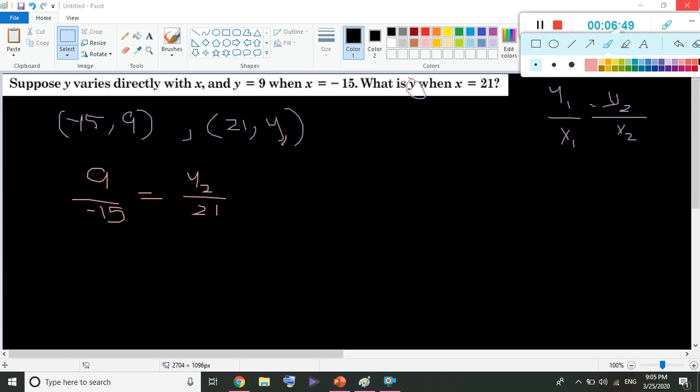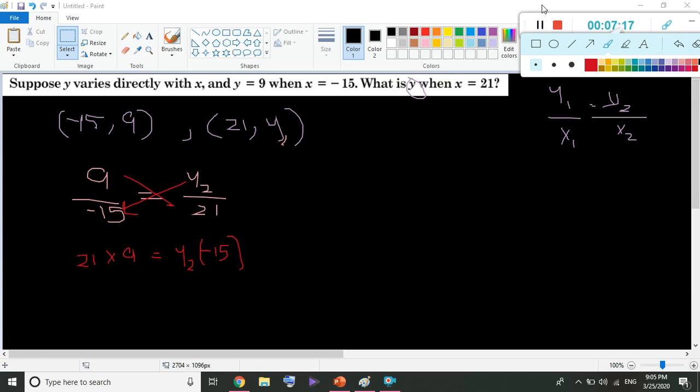So how can you find y2? Using the cross multiplication. We're going to multiply this by this, and we're going to multiply this by this. So it's going to be 21 times 9 equals y2 multiplied by negative 15.